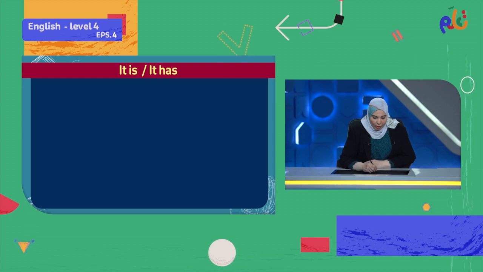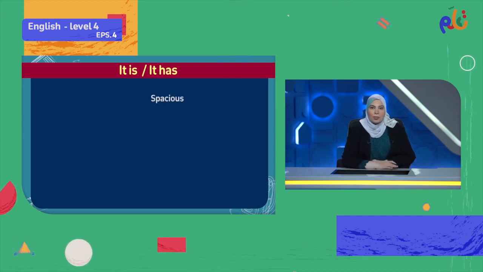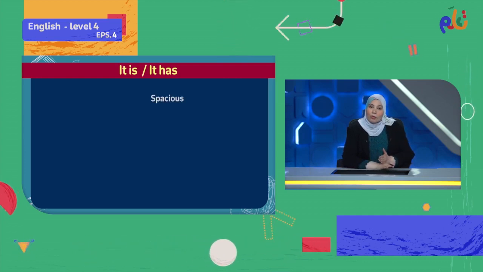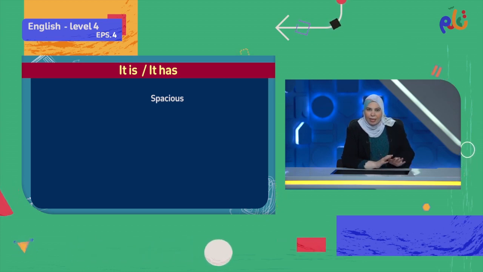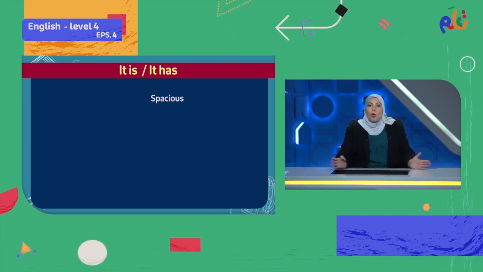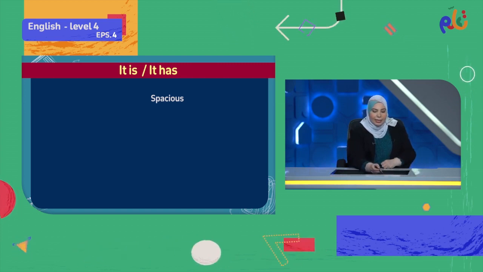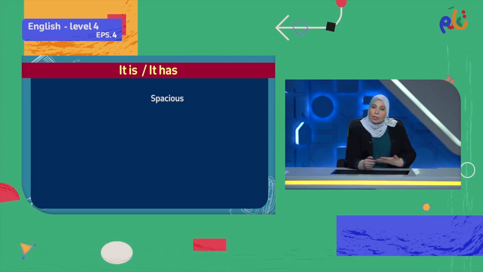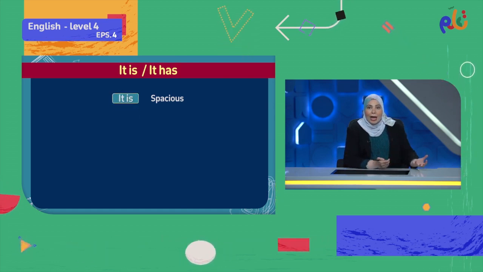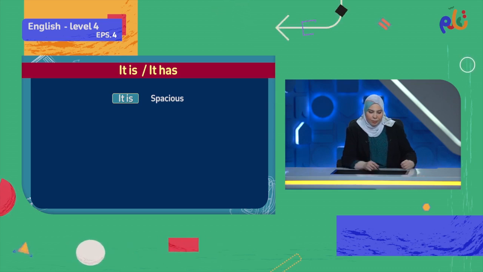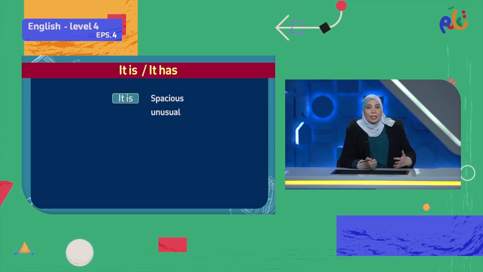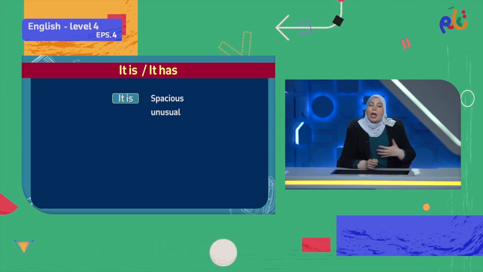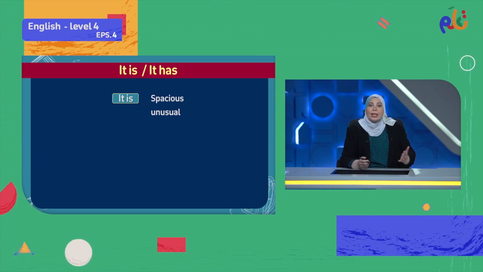So here we have a word like spacious. Is it one of the adjectives that we talked about? Yes, it's an adjective. Do you remember the meaning? The meaning is full of space. So in this case, is or has, of course, as long as it's an adjective, so I can say, I like my house, it's spacious. Unusual, which is different, I can say, I like my street.